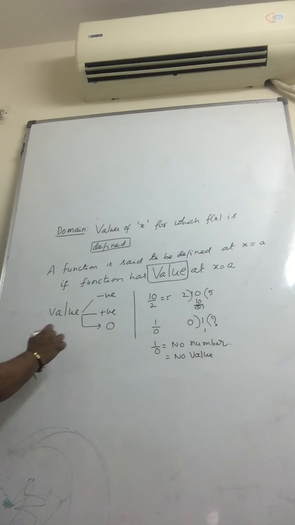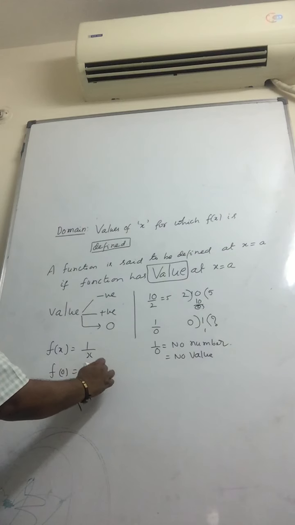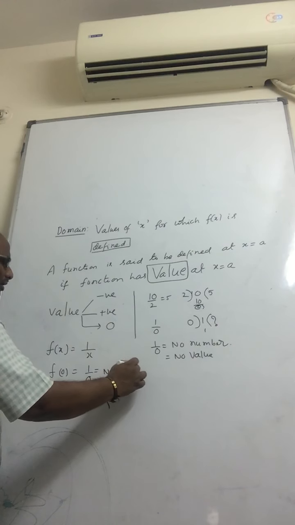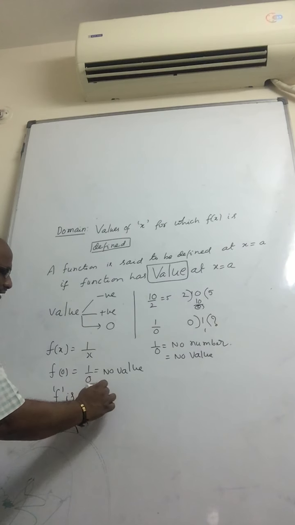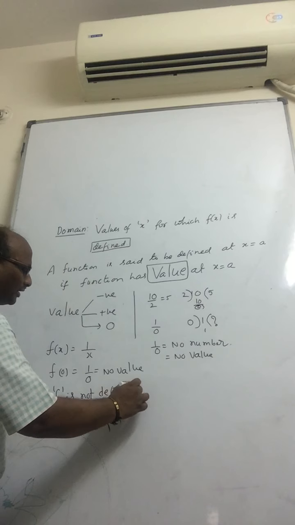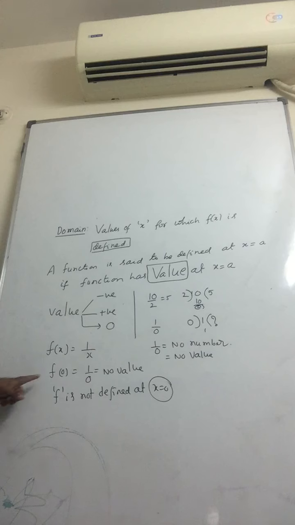If you take f of x as 1 by x, f of 0 is 1 by 0, so no value. That means I can say f is not defined at x equal to 0. Once a function has no value, we say it is not defined at x equal to 0. So value means negative, positive, 0. No value is one of the cases.